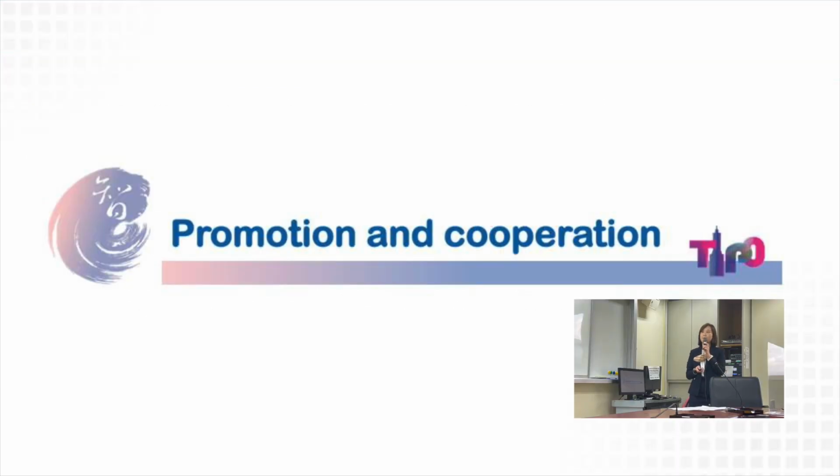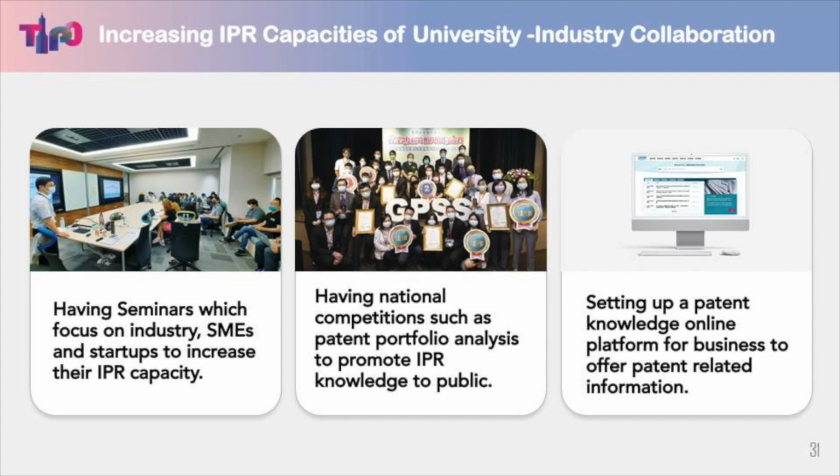In this section, I'm going to share with you what we have done recently for patent promotion and international cooperation. In order to increase intellectual property rights capacities in industry and schools, we have different types of seminars and workshops.